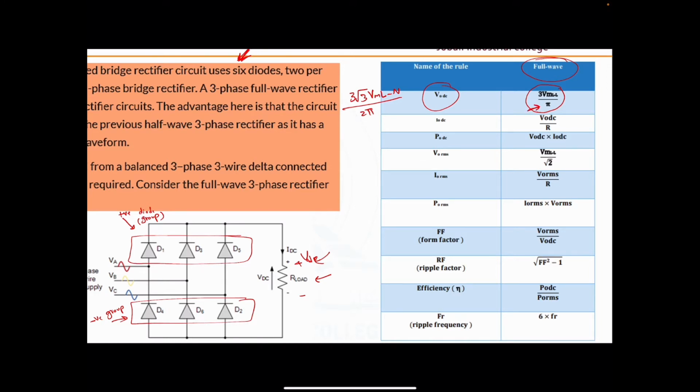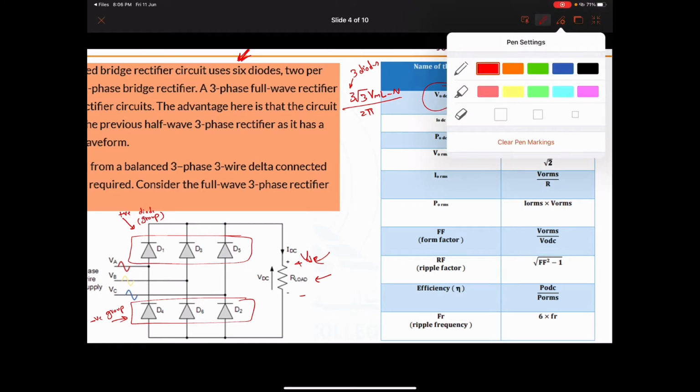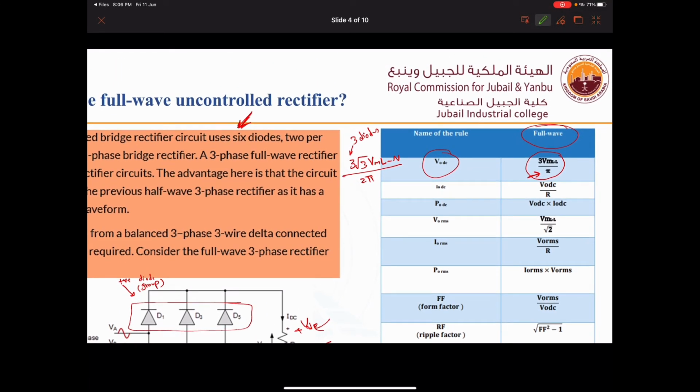Now, you remember also we said that here we should have 3 for 3 diodes, right? Now we have 6. Should be 6, right? And also we have line to line here, because this is three-phase. We don't have neutral here. It should be line to line, right?